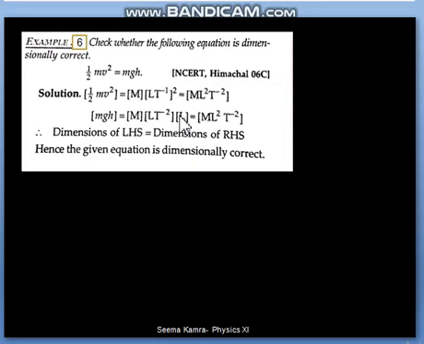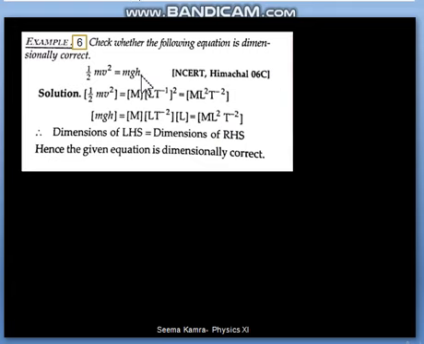This way you can see L are appearing two times, so L power 2 will become in the answer. So M1 L2 t minus 2 we are getting. So you see now LHS answer and RHS answer, they are same. That's why this equation is dimensionally correct.